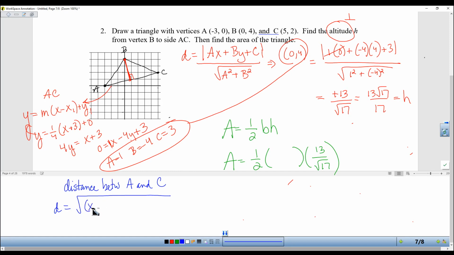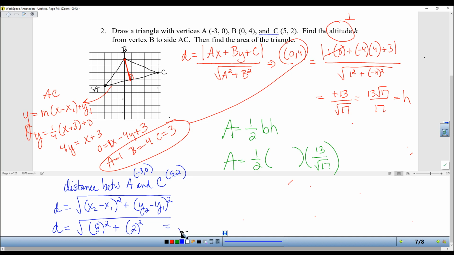You're going to be so ready for your final because we're going to keep using all these old things that we've learned. The square root of x2 minus x1 squared plus y2 minus y1 squared. So A is the point (-3, 0), and C is the point (5, 2). So x2 minus x1 is going to be 8 squared, and then y2 minus y1 is going to be 2 squared. That gives me 64 plus 4 is 68. So this you can break down into parts you can do and parts you can't.